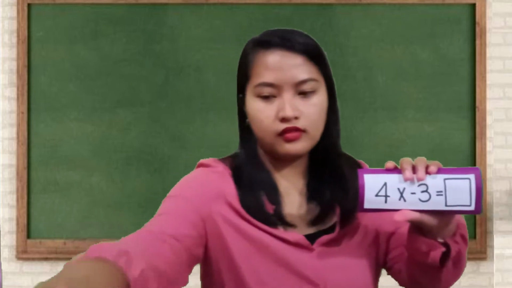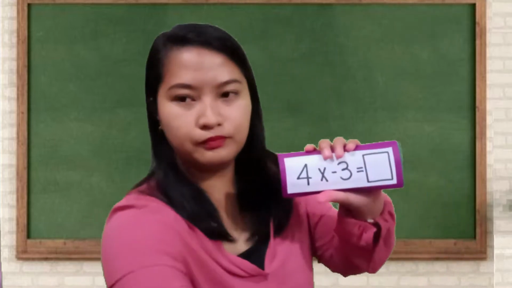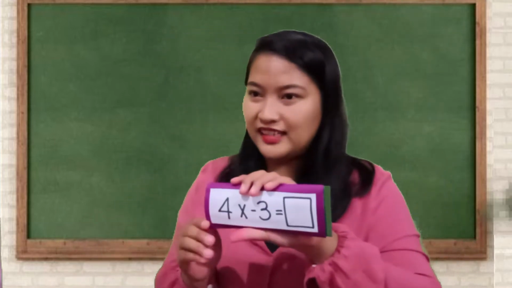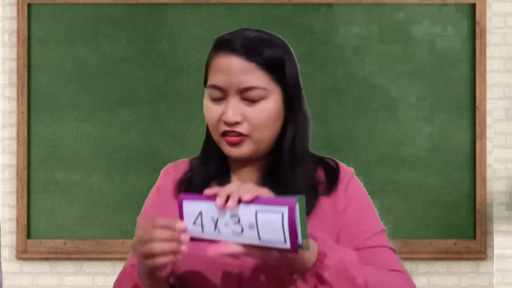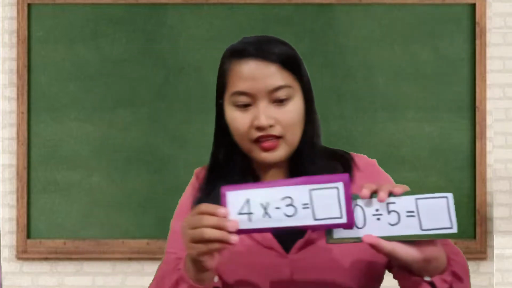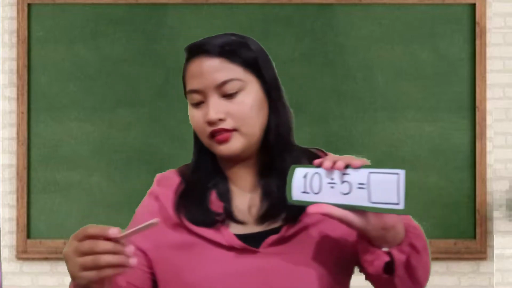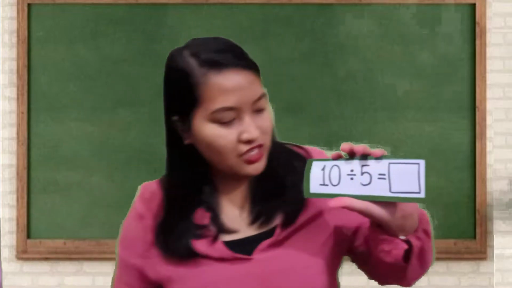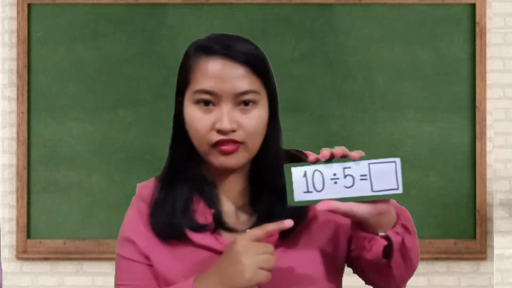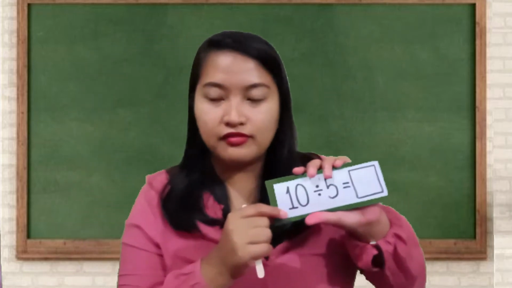Last 2. Camille. Yes, Camille. Correct. It is negative 12. And the last lucky student. Okay, we have Gian. 10 divided by 5. Very good. It's positive 2 or 2. Okay, very good. All of you got the correct answer.